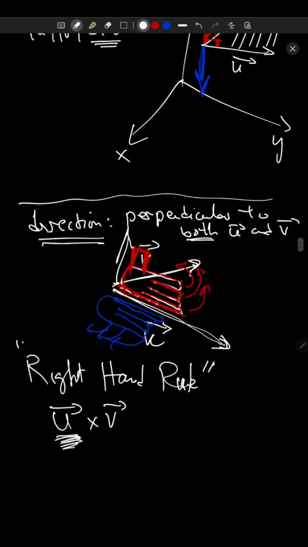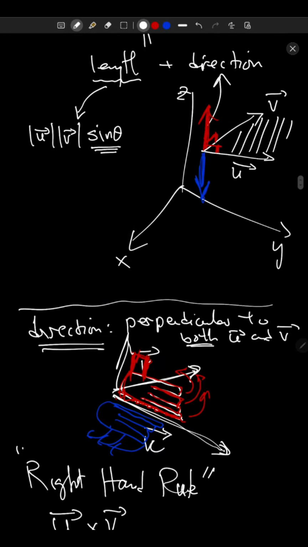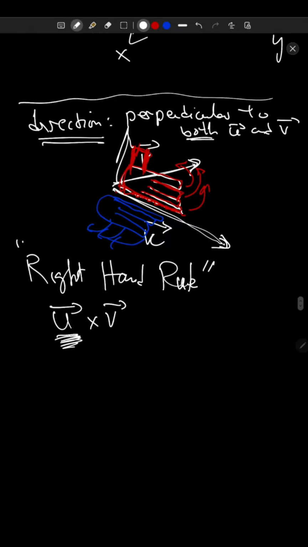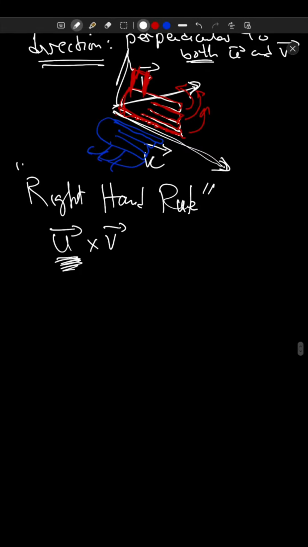In our previous 3D picture up here, it's going to be the red vector. Okay, all right. It takes a little bit of getting used to, but after a bit, it's not too hard.